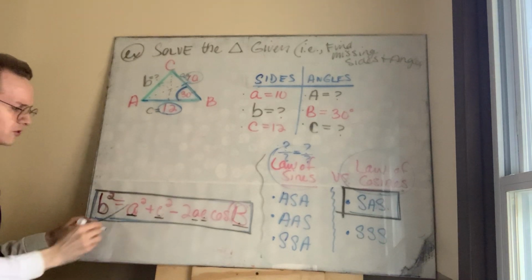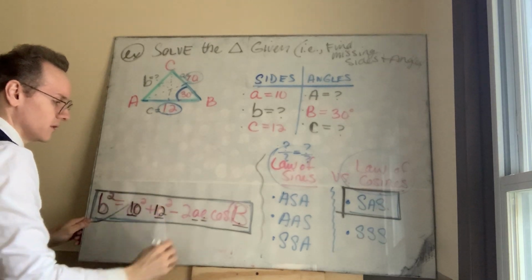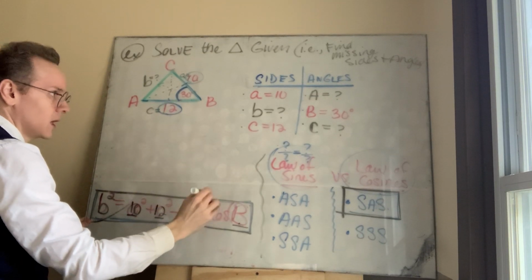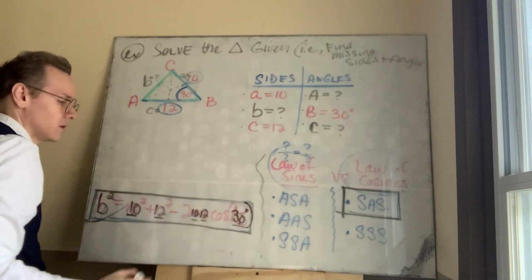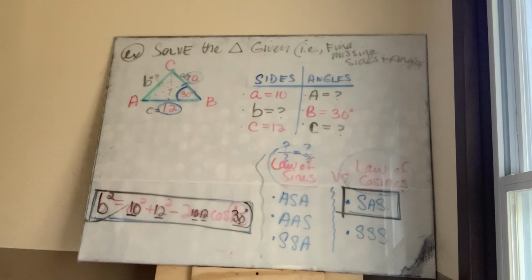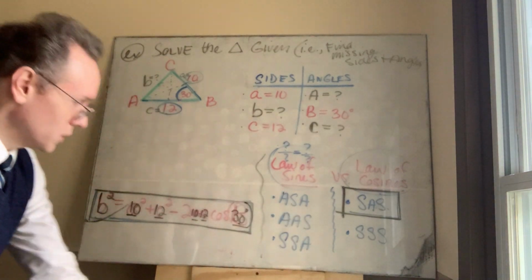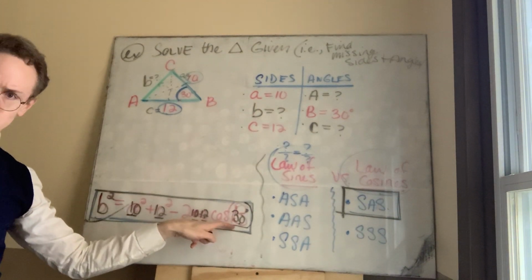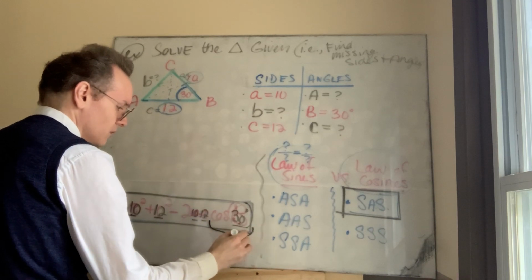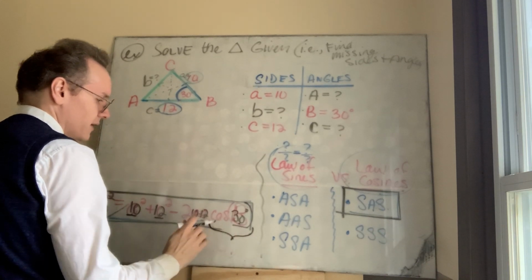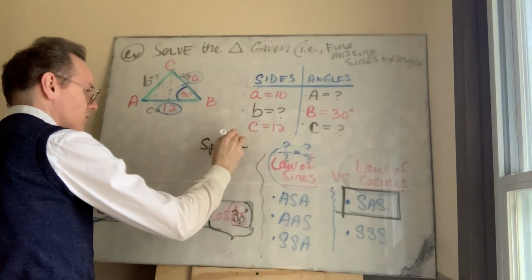So this would be 10 squared, and this would be 12 squared, and this would be 10 times 12, and this would be cosine of 30. You could use your calculator, of course, for this situation, but that happens to be a special right triangle, so we could translate this into the appropriate ratio, provided we remember special right triangle relationships.